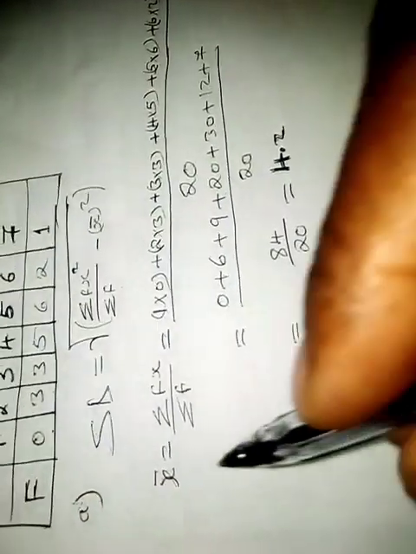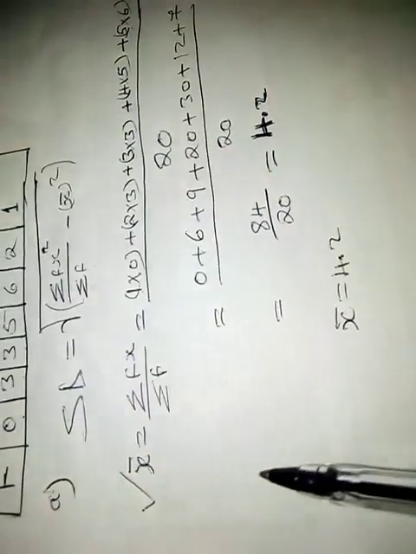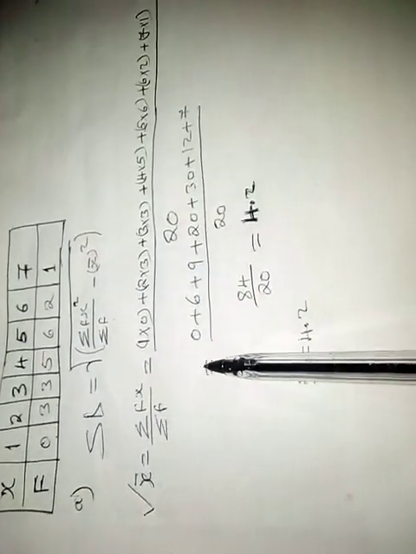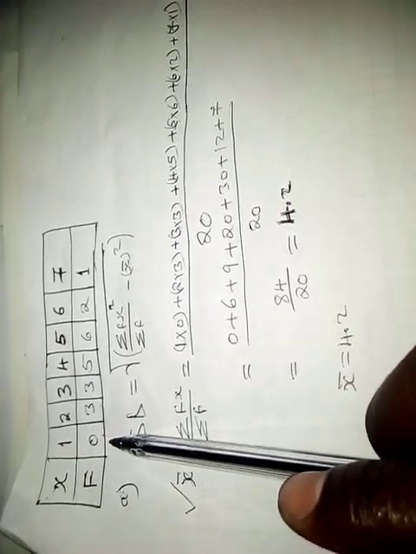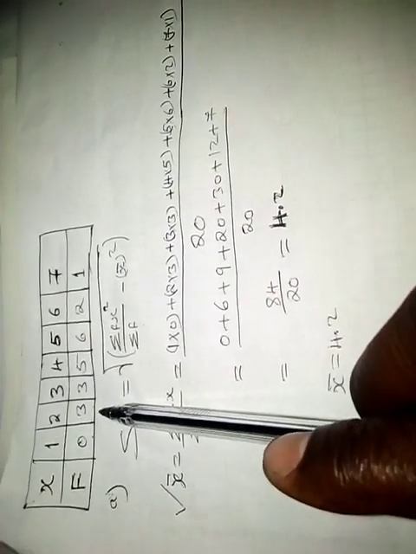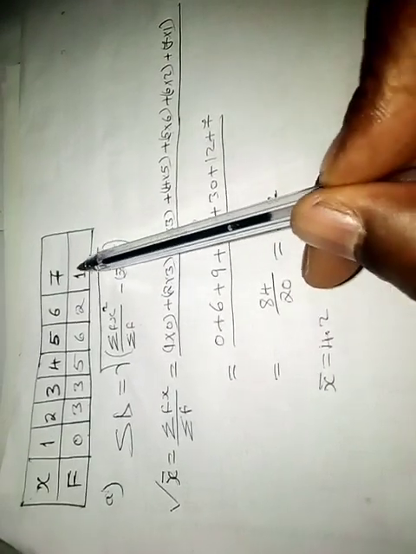Remember, the first thing, we had to find the mean, x bar, and this is how you go about finding the mean, right? You multiply the x times the f, plus 2 times 3, and so forth and so on until you get to the last number here.